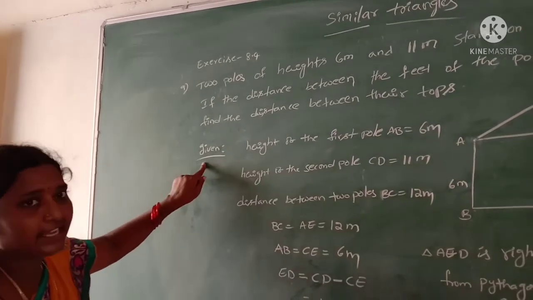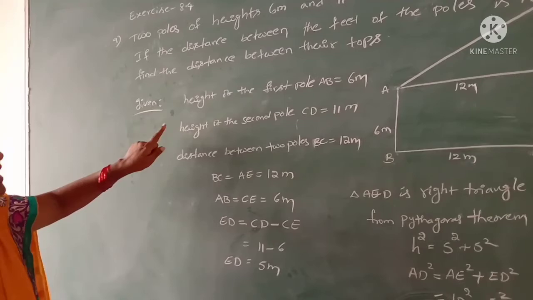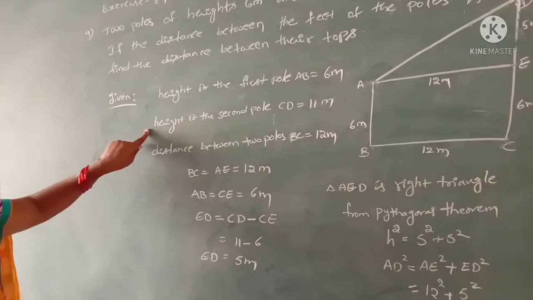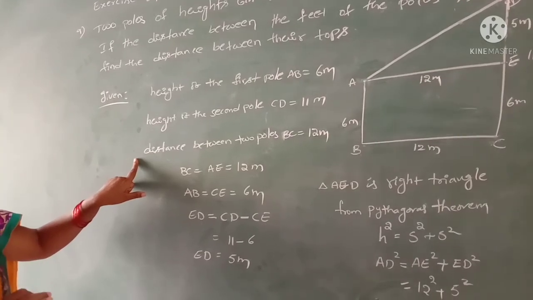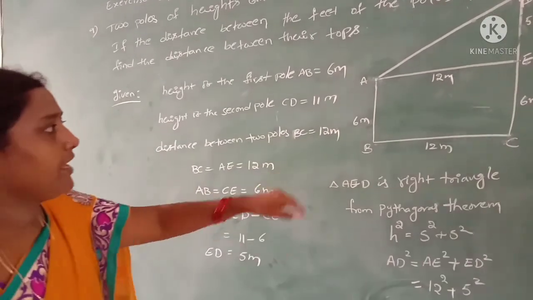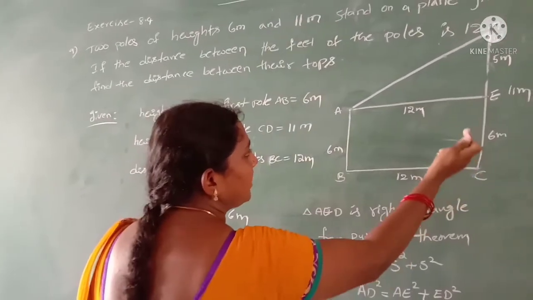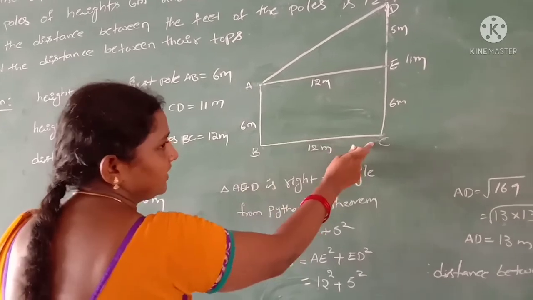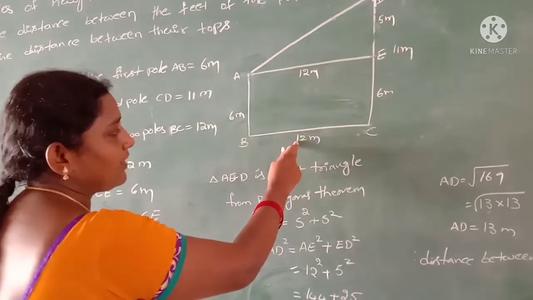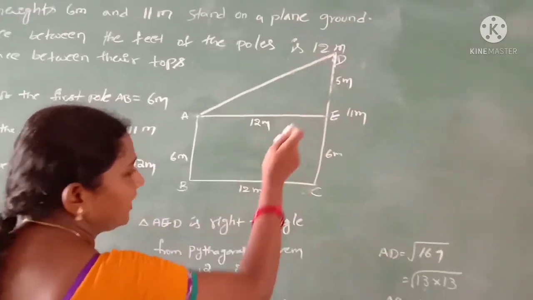First, what is the given? Height of the first pole 6 meters, height of the second pole 11 meters, and distance between two poles 12 meters. So here in the figure AB equal to CE, CE value 6 meters. Next AE and BC distance same, so these two values 12 meters. Next we find the ED value.